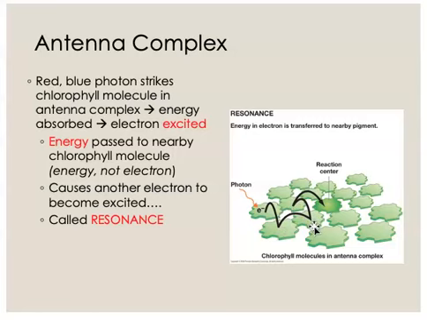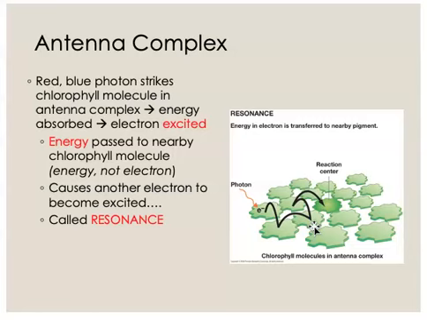In other words, the energy is bouncing between pigment molecules in the antenna complex. This is a phenomenon called resonance. So in fluorescence, when an electron absorbs light energy, but it's not enough to raise it up to the next discrete level of excitation, that energy stays with that molecule of chlorophyll.